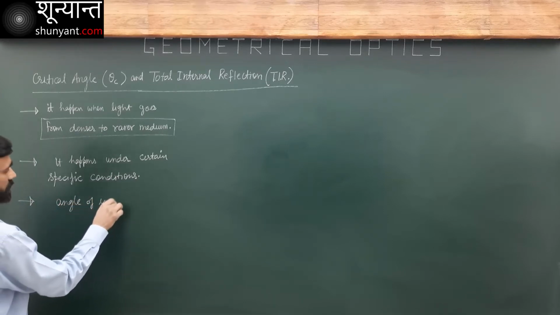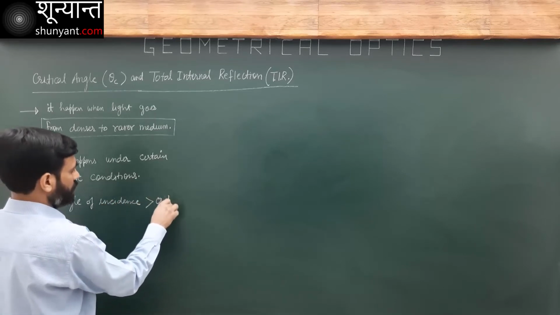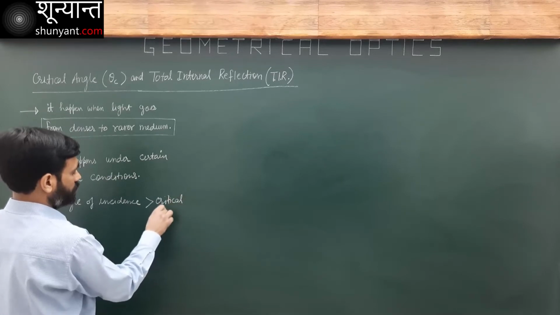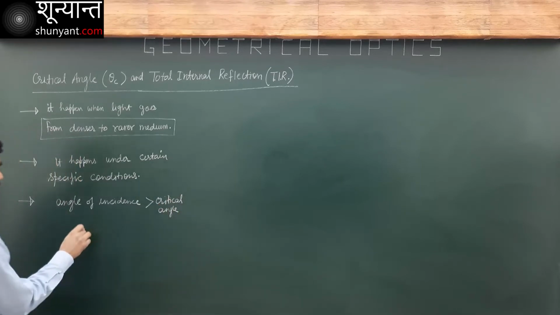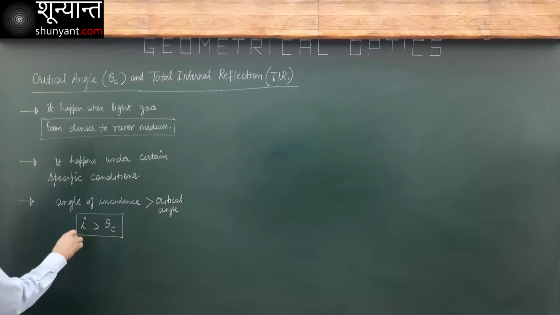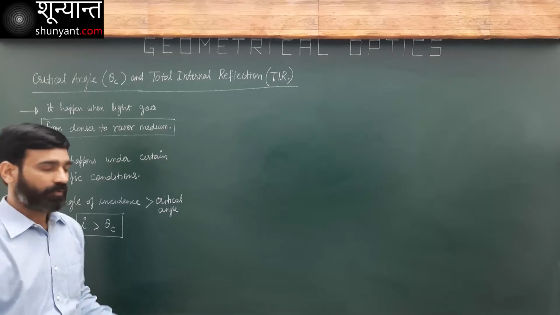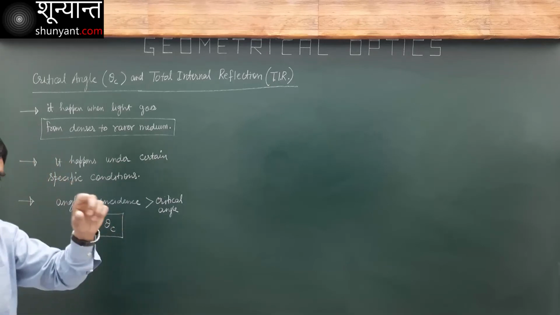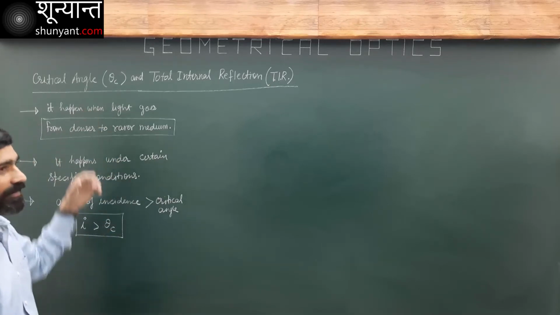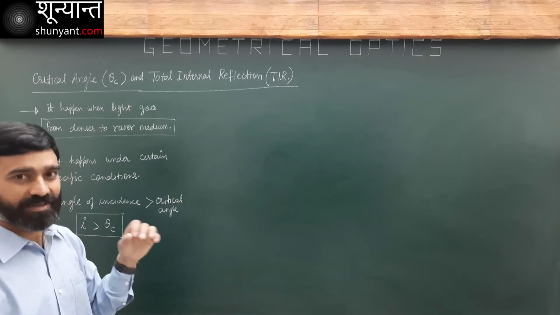Angle of incidence is more than critical angle. I is more than theta c. Only in that case this phenomenon will happen, when the angle of incidence is more than a certain angle, which is known as critical angle. It depends on the mediums. First of all, let's try to understand the critical angle.